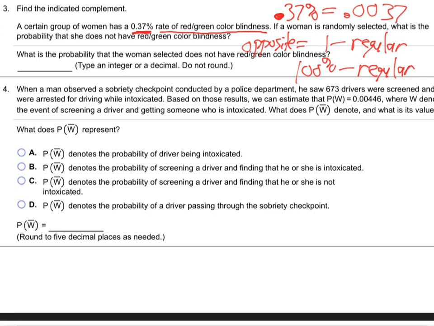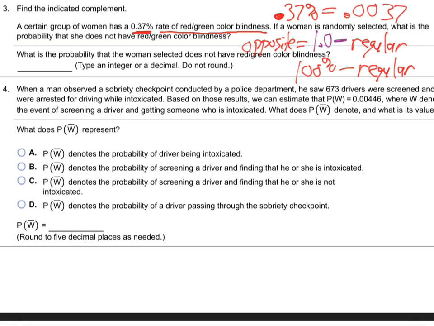Let me write that out for you. Whenever you're doing the opposite, which is what we're doing in these last 2 or 3 questions, it's always 1 minus the regular, and 1.0 as a decimal is the same as 100%. Are you comfortable with that? They're going to interchange those back and forth, so I want to make sure you're okay with that.